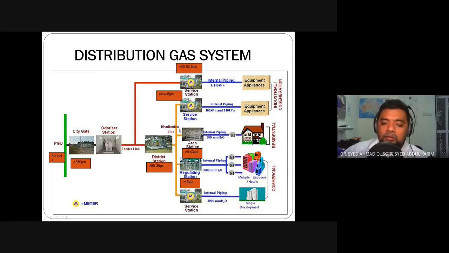The same goes for residential. From the area station, the gas will go through the internal piping. This is the lowest pressure, 300 mm pressure, into the residential building itself.